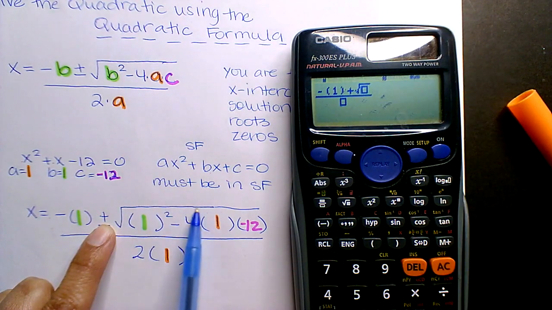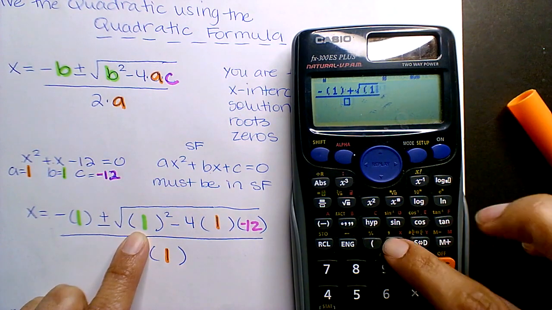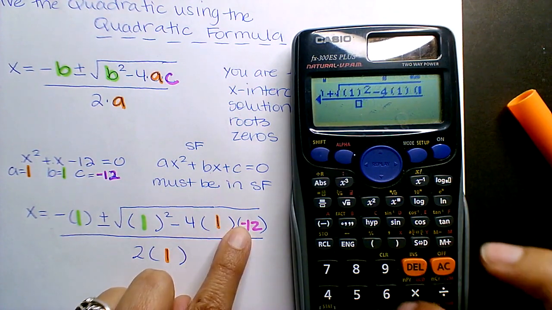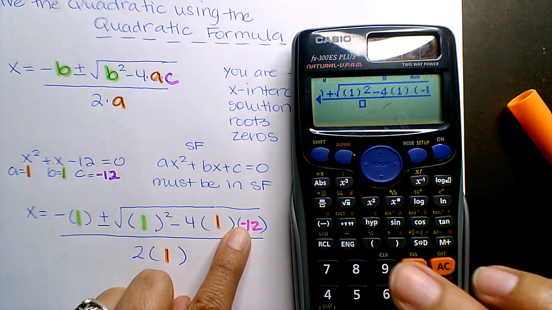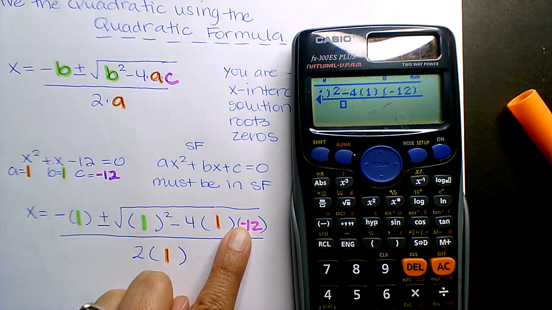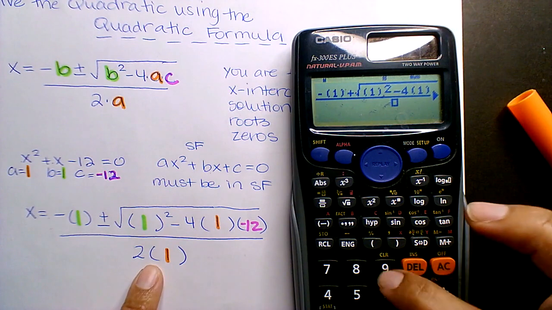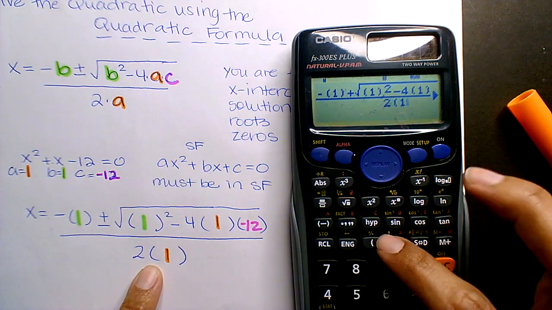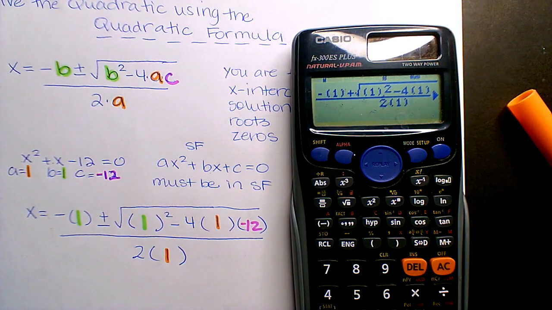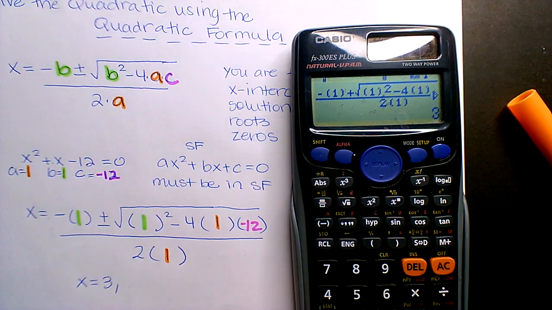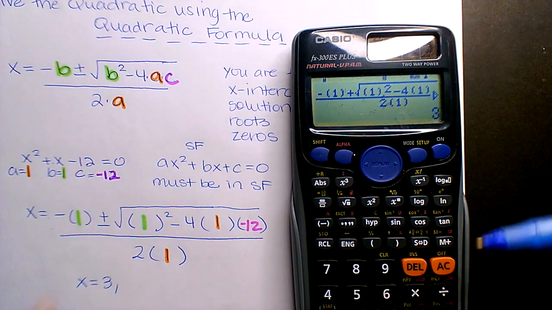Plus 1 squared minus 4, parenthesis 1, parenthesis negative 12, close it. And now I shoot downward, and it's 2 parenthesis 1, and then you hit equal, and it's going to give you 3. So x is equal to 3.